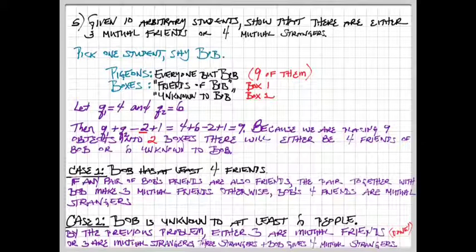And in the case of the 3 mutual strangers, take those 3 strangers, consider them along with Bob. They're all strangers to each other, which means there are now 4 mutual strangers. So regardless of whether we're in case 1 or case 2, we end up with 3 mutual friends or 4 mutual strangers.